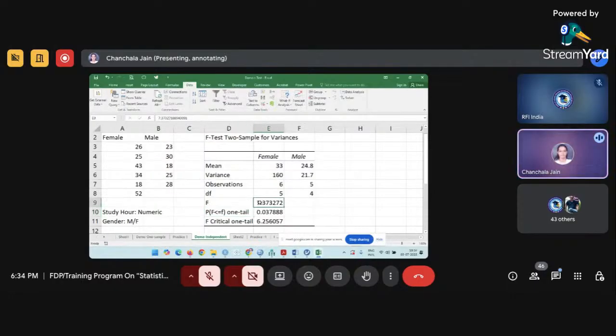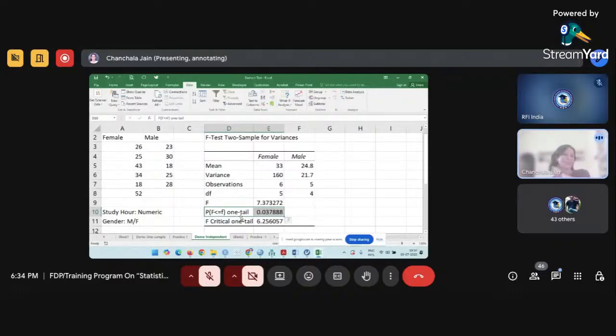But this is important for you to understand because you need to do some calculations here. That is why I'm telling you, you can perform it afterwards. First understand this. So this is the F value which we are getting. And as we know, we generally use the P value for making the conclusion. The P value which came here is the P value for one tail. We are not getting the two-tail value.